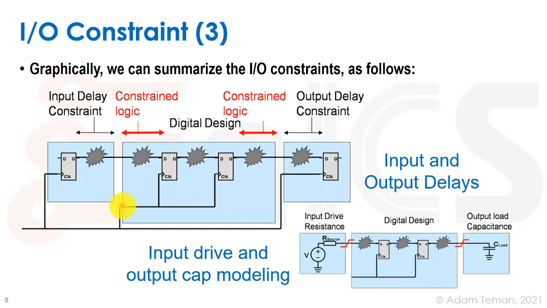That could be a way to do it. But I think that the better way to do it is actually not say what the delay is of this type of path out here, but rather say what the constraint is that we want to meet here. We have a time.